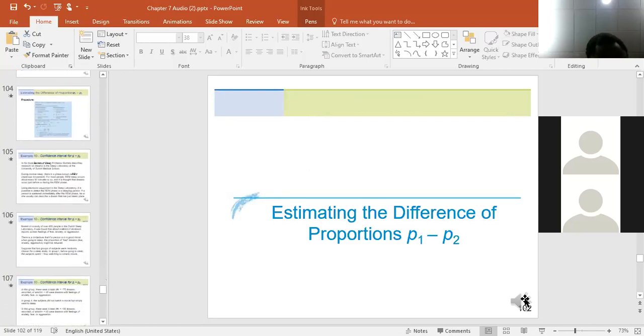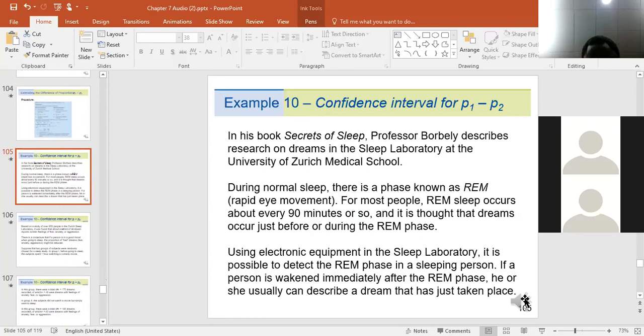I would advise you to go over here and read the PowerPoint. There is nothing much that I will have to tell you. It is E equals z alpha over 2 times the square root of P1 Q1 over N1 plus P2 Q2 over N2.